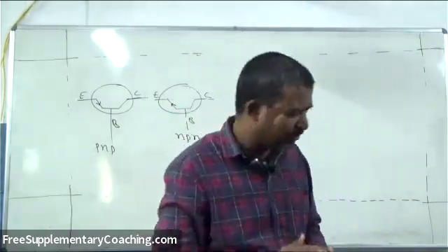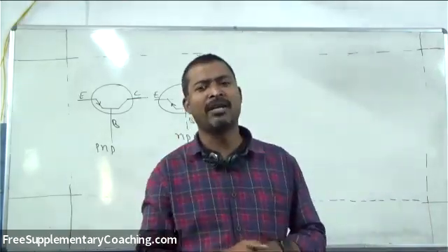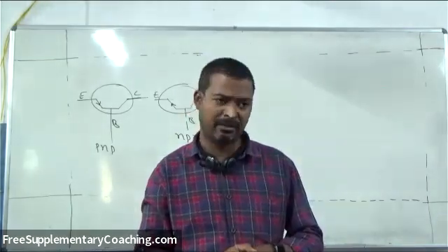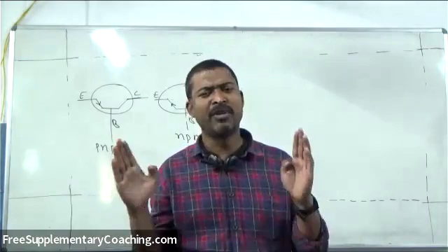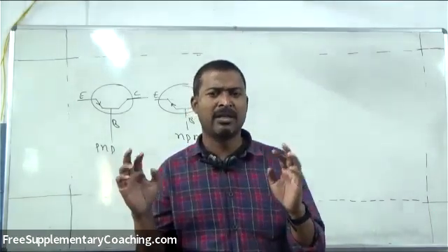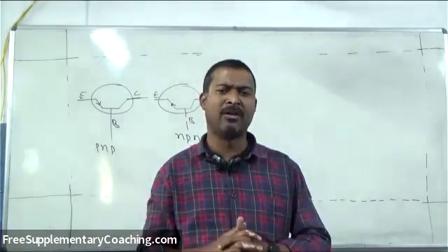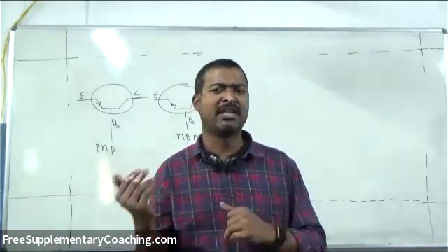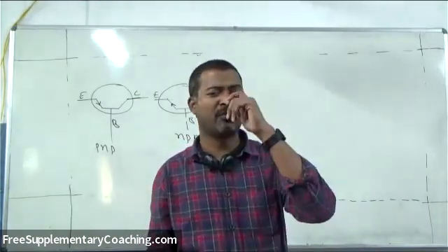And the other question they may ask is how a moving coil galvanometer can be converted into an ammeter. Simple, a small resistor connected in parallel to the moving coil galvanometer will convert it into an ammeter.